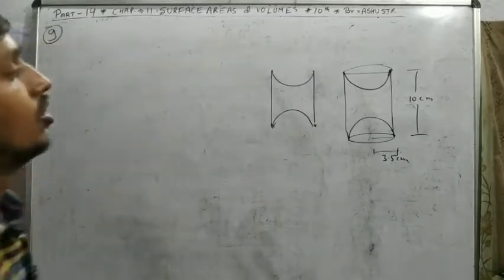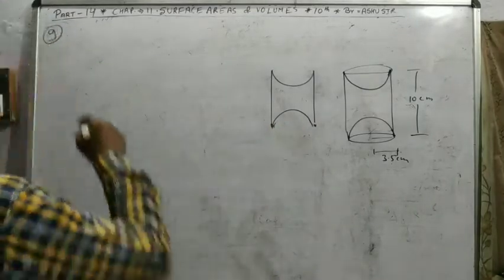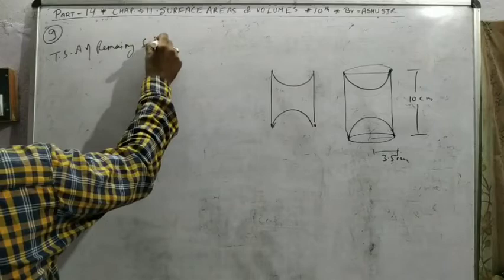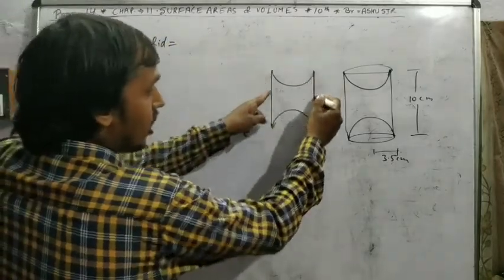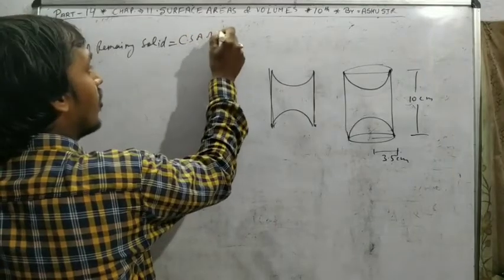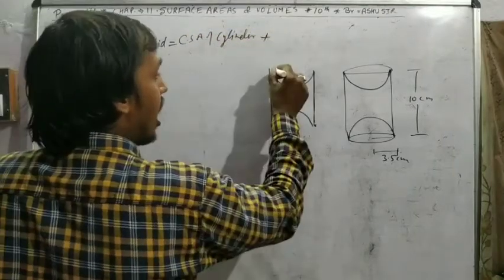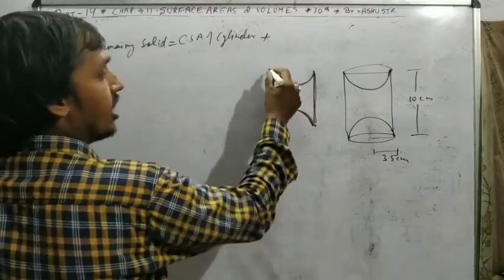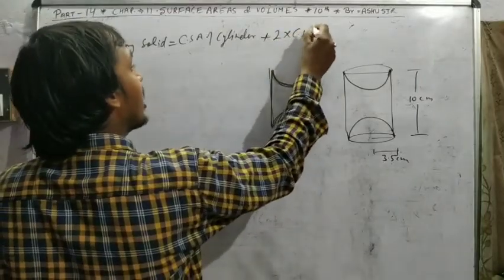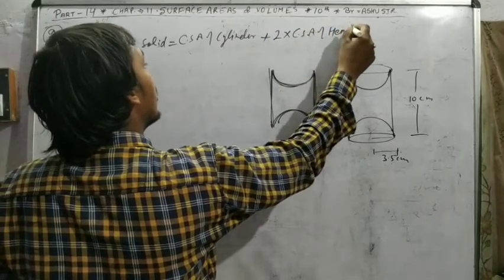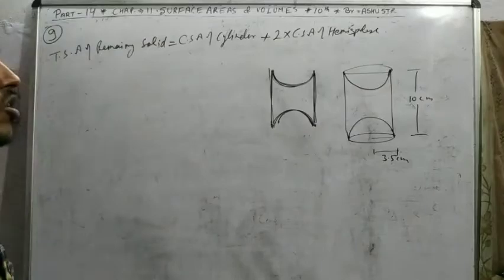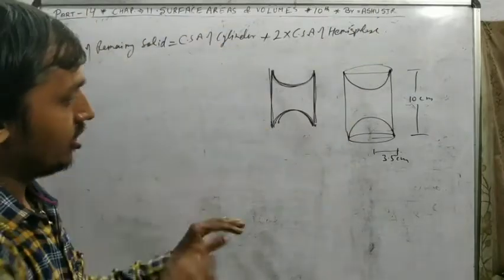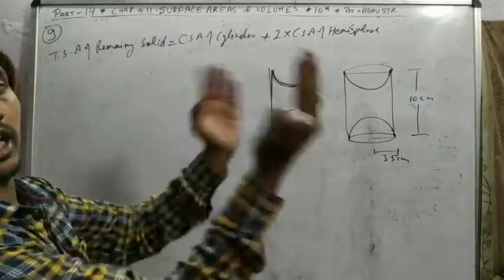So what is the surface area of this solid? The total surface area of the remaining solid is the CSA of the cylinder, plus twice the CSA of the hemisphere, because only curved surfaces form the surface, inside and outside.